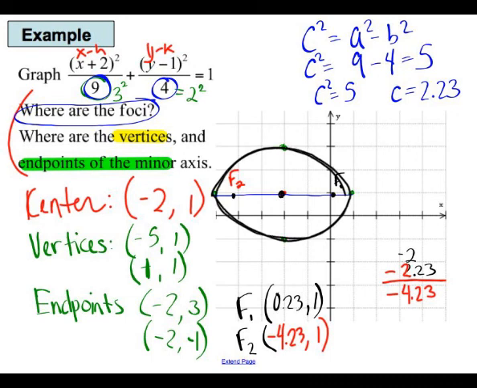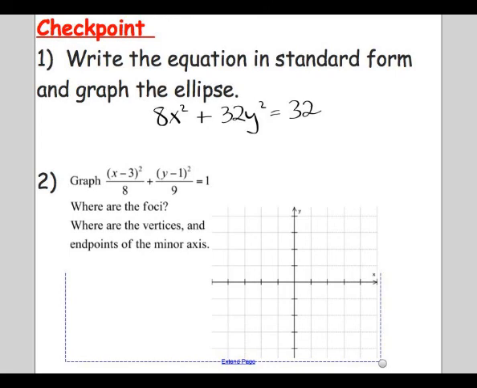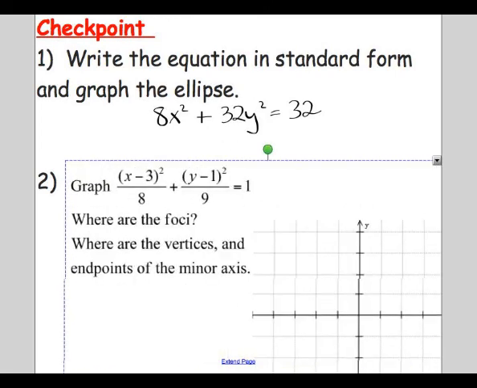So there is your first official ellipse with all the transformations of the shifting and the change in axes. So your job on your checkpoints is to give this your best shot. Remember, your goal is to try everything and be sure to answer the questions on the Google form. The first problem, you're simply going to write the equation in standard form and graph it, so you'll make a nice sketch of it.